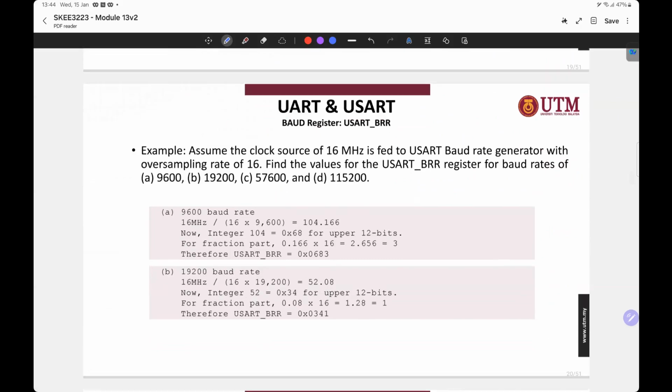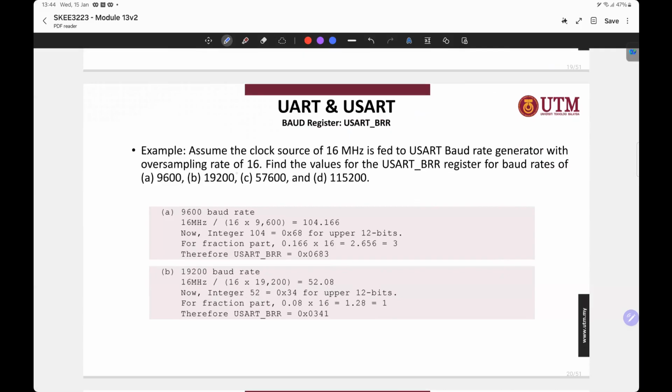Assume the clock source of the processor is 16 megahertz. You have the STM32, and the processor speed is fed to the USART baud rate generator with an oversampling rate of 16.